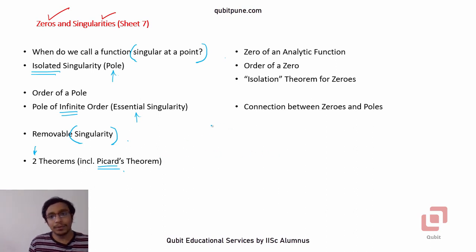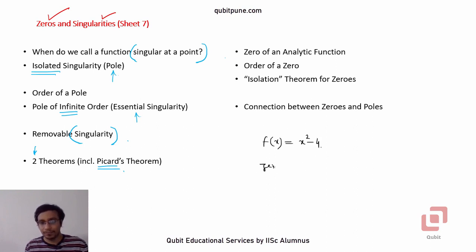And now let us talk about zeros. By definition, a zero means that value of the independent variable for which the function takes the value 0. For example, if I have the function x squared minus 4, then there are two zeros of this function, plus or minus 2.